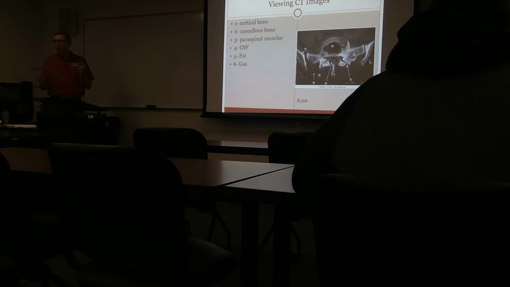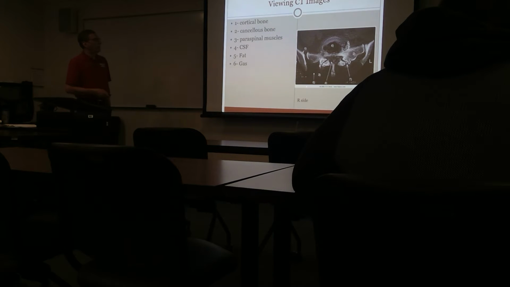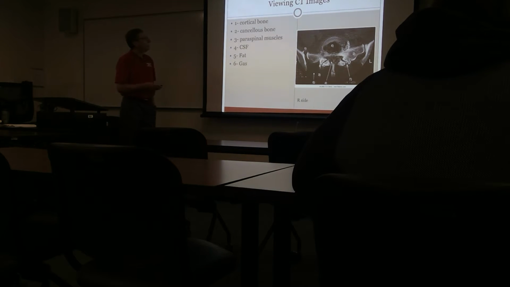Remember your sacrum is really wide, okay? So if we look at this, number one would be cortical bone. And what bone articulates with it? This is the right ala of the sacrum, and this is the right SI joint. What bone does this have to be? The ilium. Okay, good.